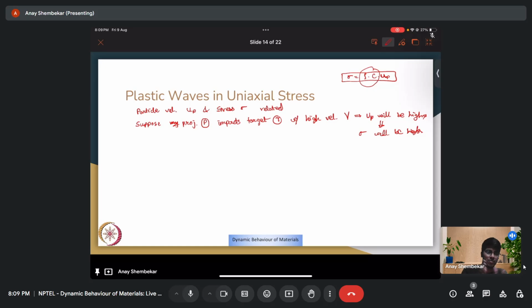If you look around at a lot of the examples that we have discussed in the first week, a very far-fetched example is a micrometeorite hitting a satellite. It will be traveling very fast, and the moment it hits, from this equation we can say that because it has a high impact velocity, there will be a high particle velocity associated with it, and that in turn would result in a high stress inside the target.